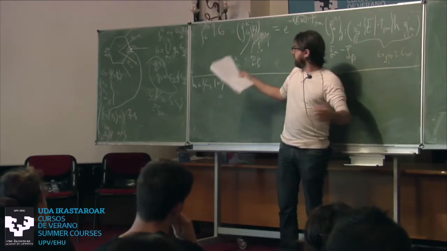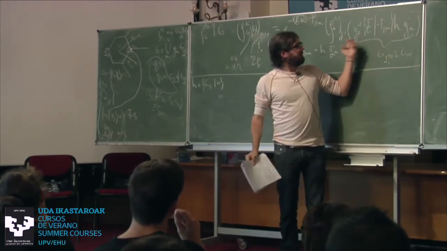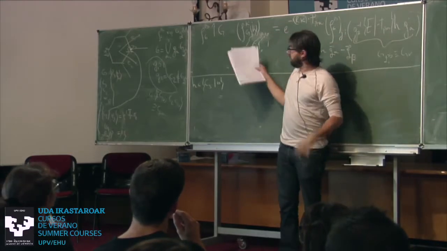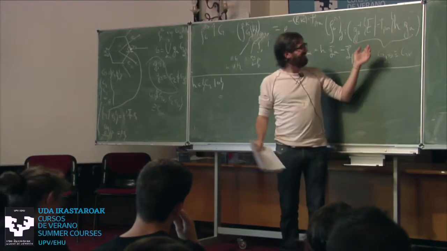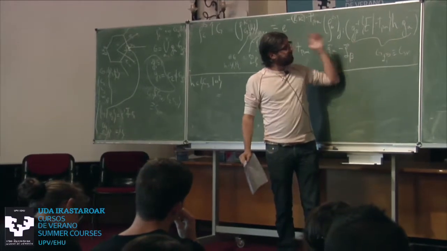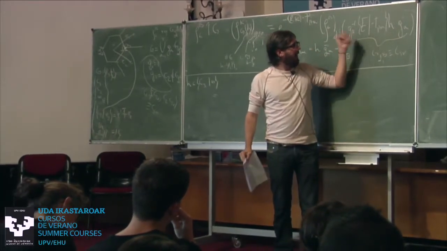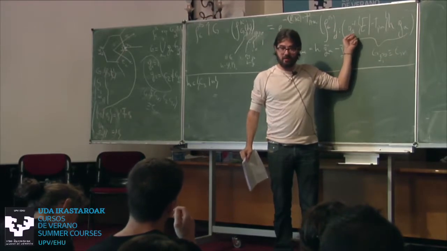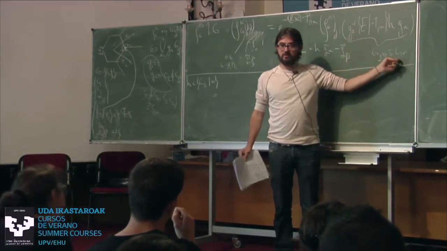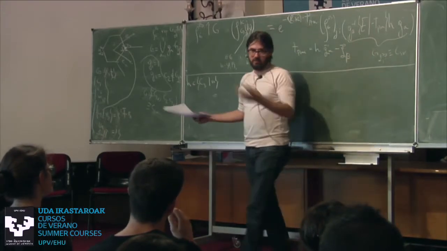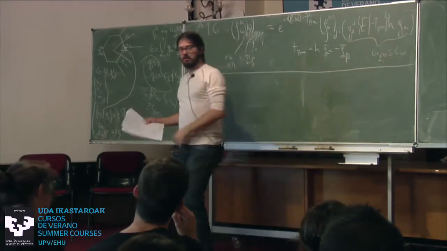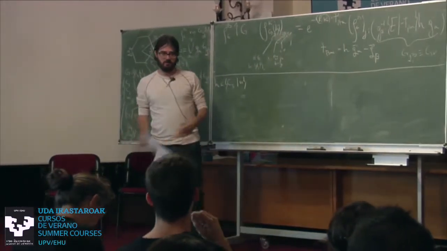Given alpha, as I run through the columns or rows, I am going to find a unique beta such that this belongs to this group. That's how coset decomposition works. Basically, that's coset decomposition of groups.